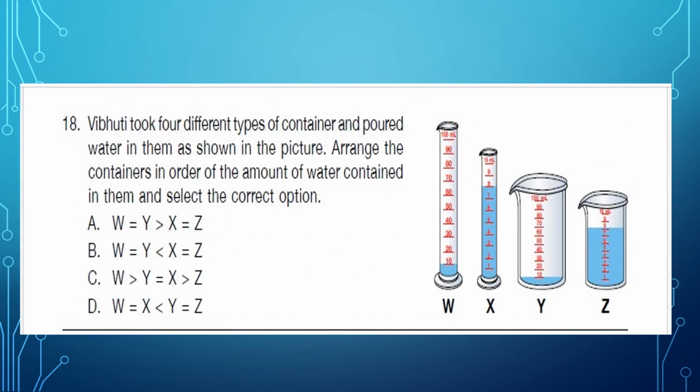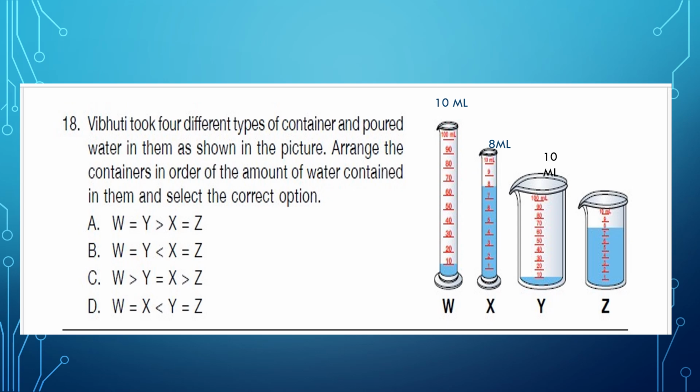Question number 18. Vibhuti took four different types of container and poured water in them as shown in the picture. Arrange the containers in order of the amount of water contained in them and select the correct option. In container W, there is 10 ml. In X, there is 8 ml.